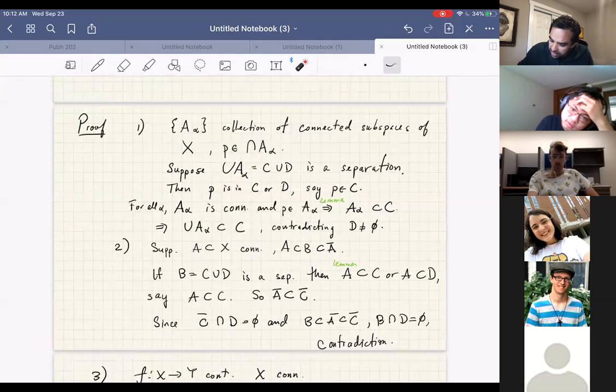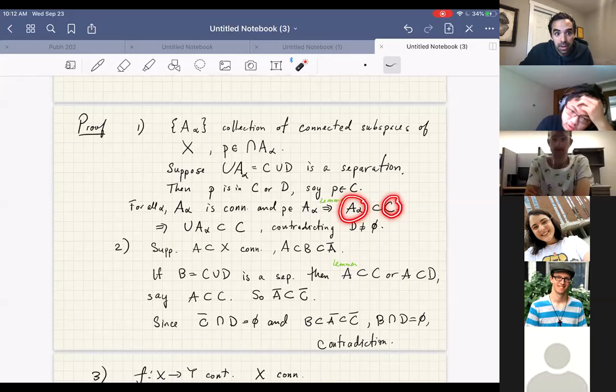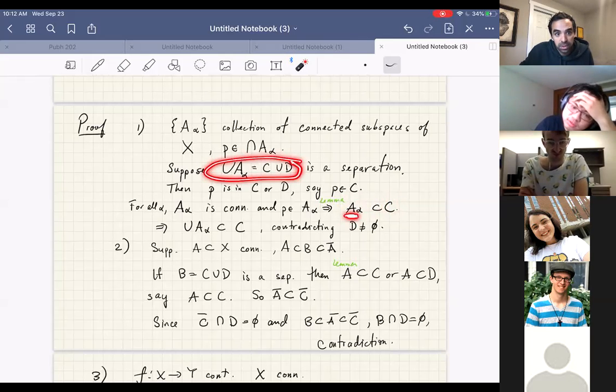Since for each A alpha we have a connected subspace, and P is contained in one of those subspaces, this means that each A alpha must be contained in C. By the lemma that we had, if A alpha is a connected subspace of this space, where we're assuming we have a separation, then A alpha has to be inside either one of these.